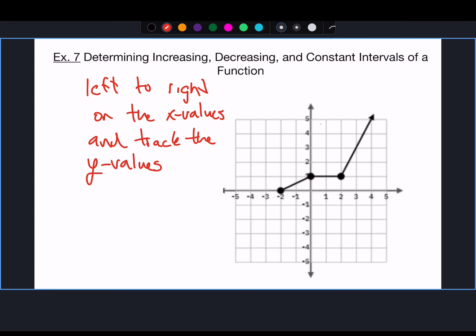So we have three categories here. We have intervals where we increase, where we decrease, and where we stay constant. And you're not always going to have all three. A lot of times you'll just have to put none on those portions.